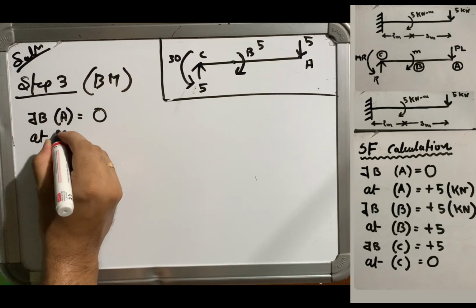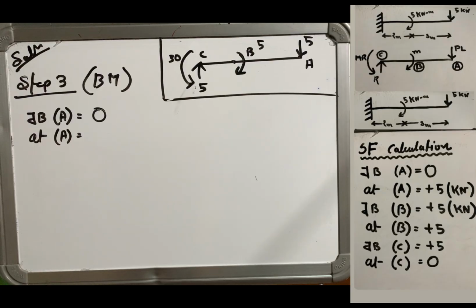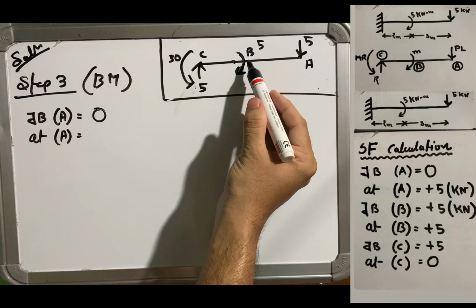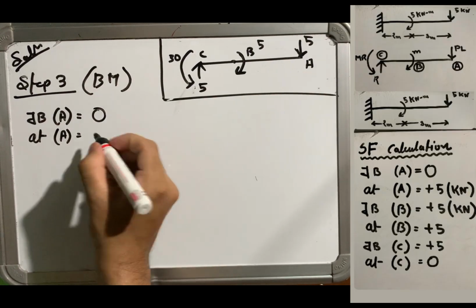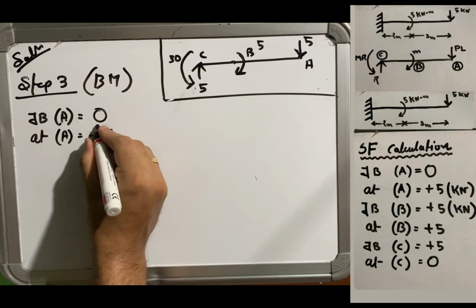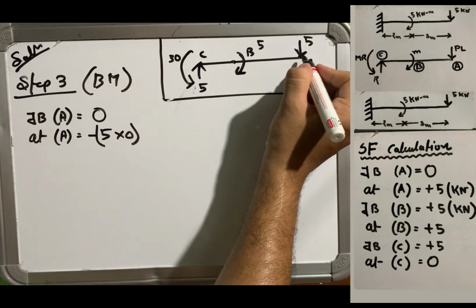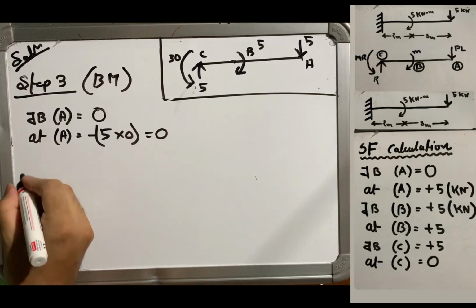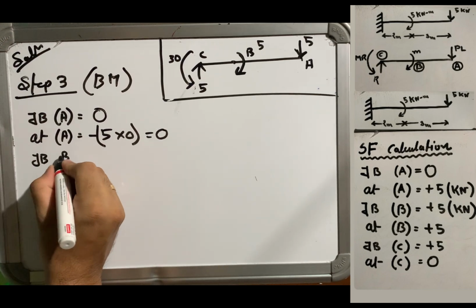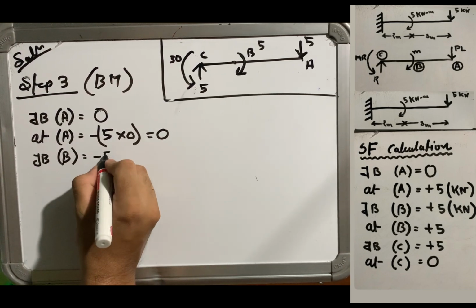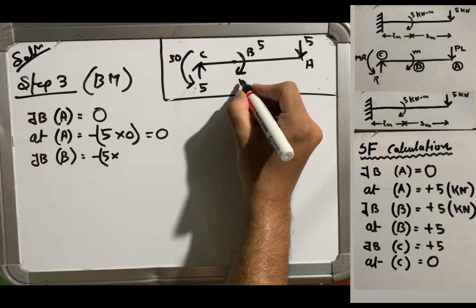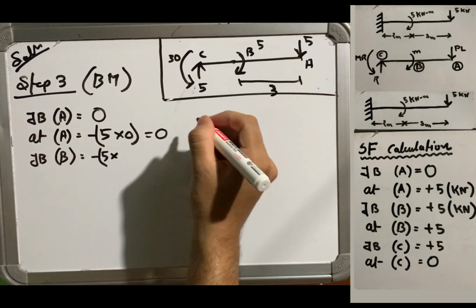It's 0, obviously. At A is how much? It is 5, but as we are calculating moment, we need length, means we need distance. So minus 5, it is downward, that's why it is minus. In a bending moment, for downward it will be minus, so minus 5 into 0, there is no distance.